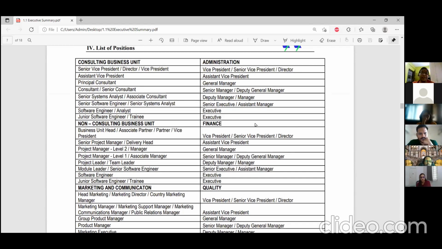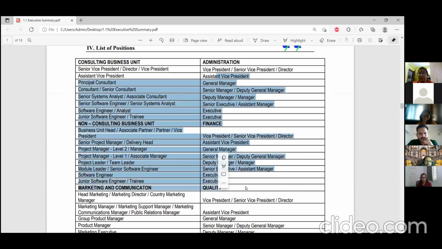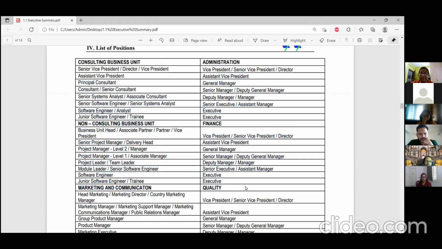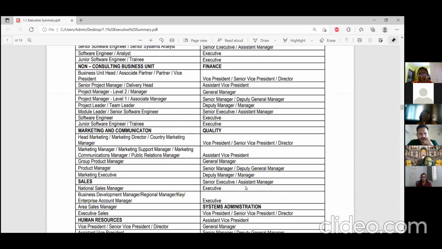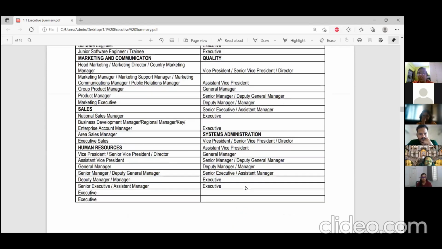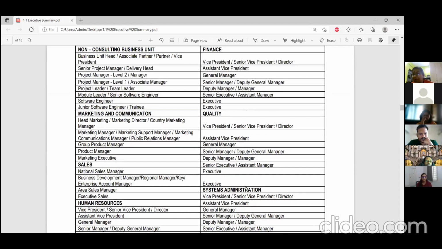For example, consulting, non-consulting, administration, finance, and job families like quality, sales and systems administration, etc. So these are the various jobs. Okay, this aspect is clear. Now, having said that, you have to see data cuts. What kind of data cut will I do now?